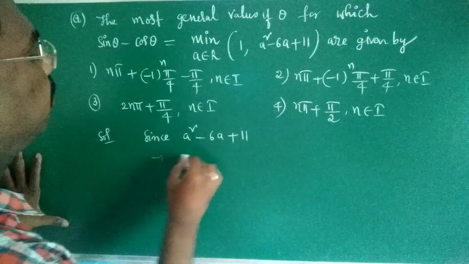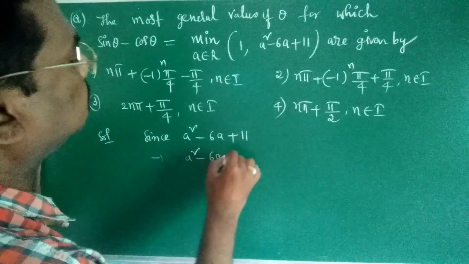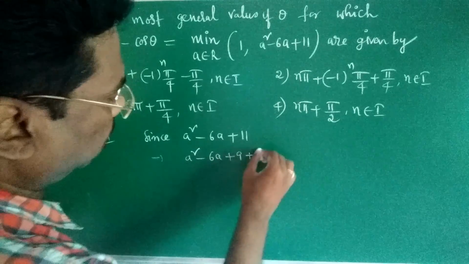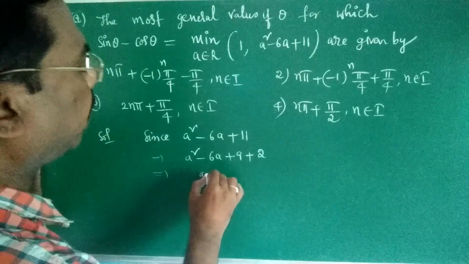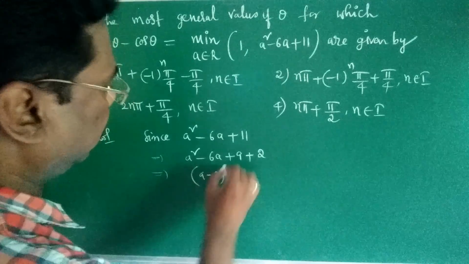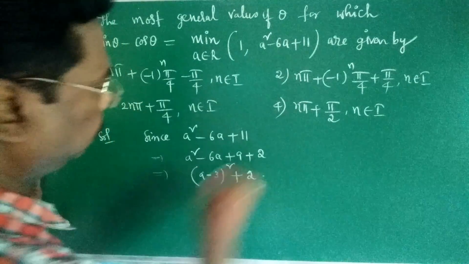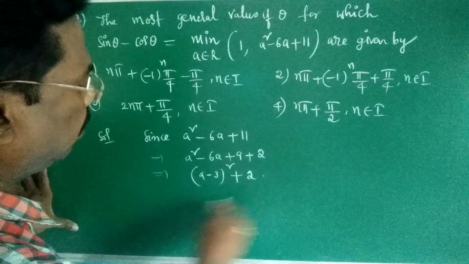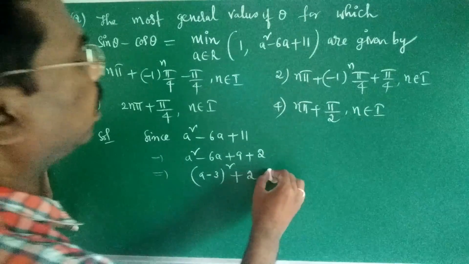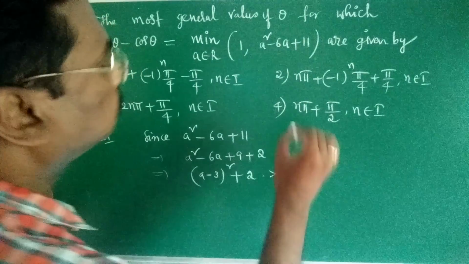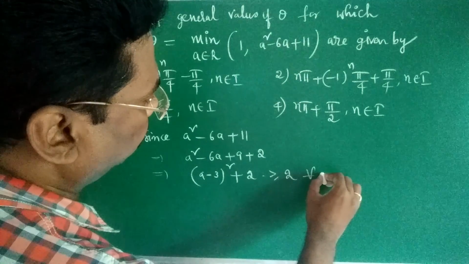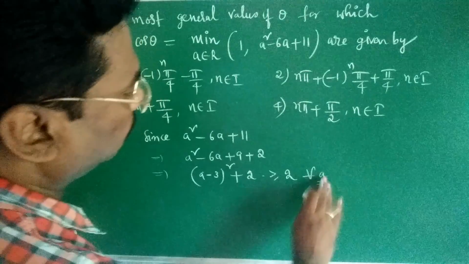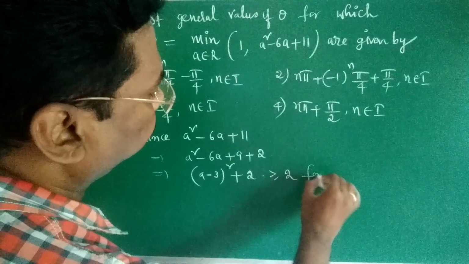Okay, now this can be written as a² - 6a + 9 + 2, which is (a - 3)² + 2. Now this value is always greater than or equal to 2 for all a.